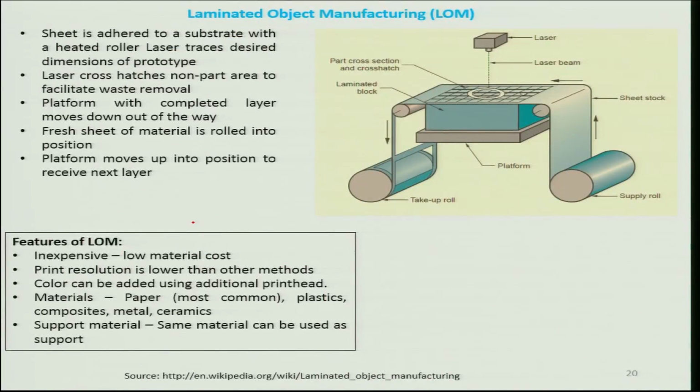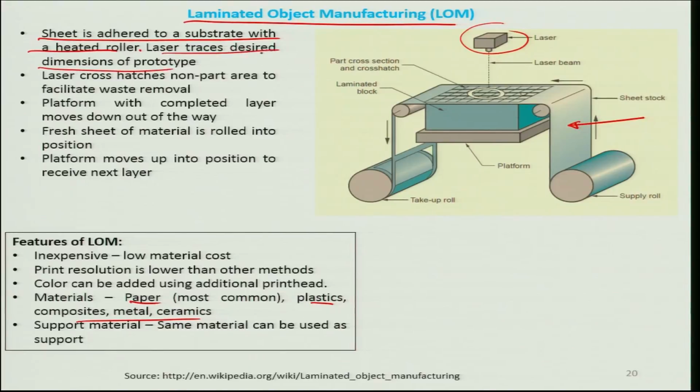The other technology that is widely used is laminated object manufacturing, where there is a laminar sheet made up of some kind of paper, plastic, composites, or metal ceramics. In this technology the sheet is adhered to the substrate with a heated roller, and a laser traces the desired dimensions of the prototype and cuts it off.